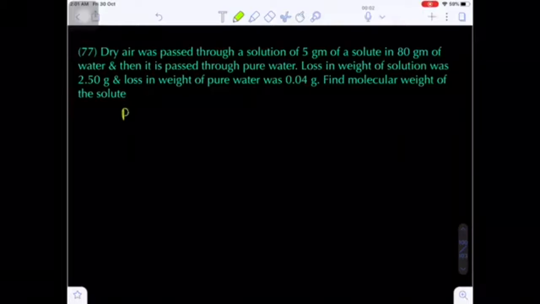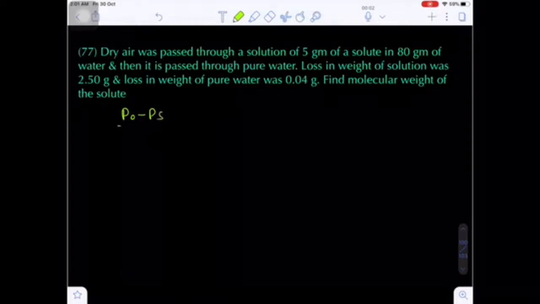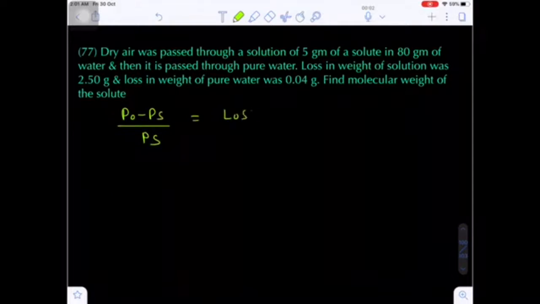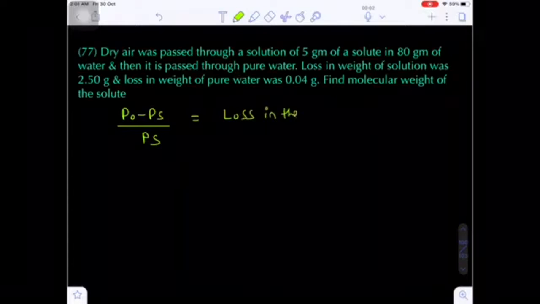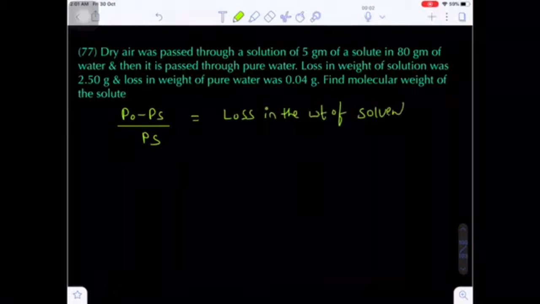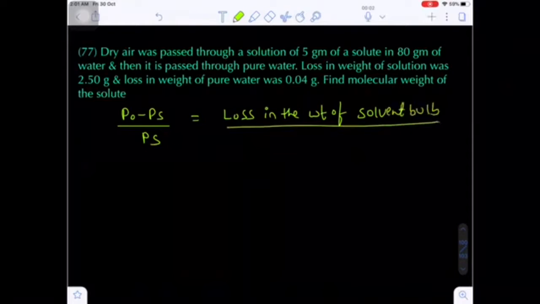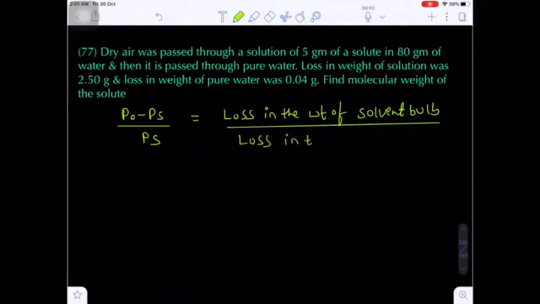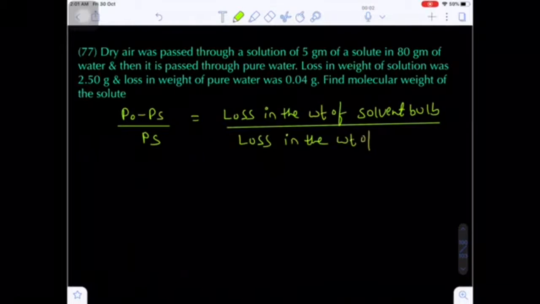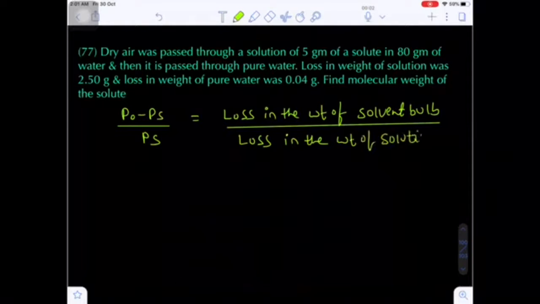First of all, P0 minus PS upon PS. What is P0 minus PS? Nothing but the loss in the weight of the solvent bulb. Yes or no? Loss in the weight of the solvent bulb divided by PS, which is nothing but the loss in the weight of the solution bulb.